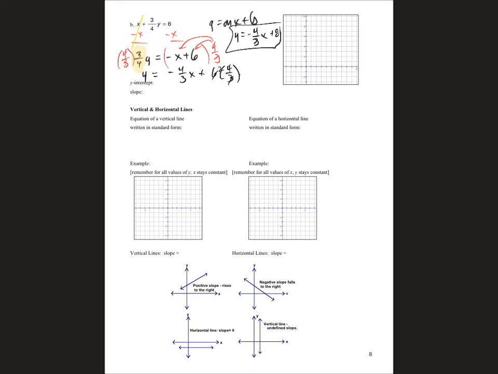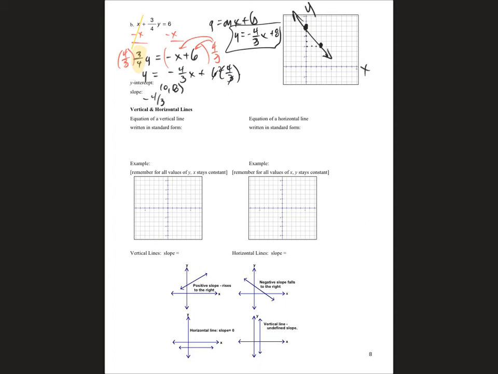There it is in slope-intercept form. What is the slope? -4/3. What is the y-intercept? 0, 8. I can plot that. 1, 2, 3, 4. 1, 2, 3. Label my axes. Graph the line.